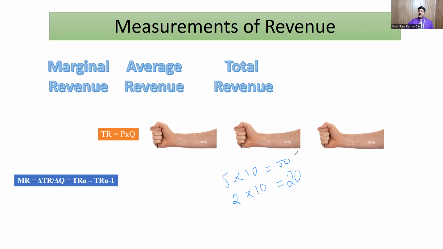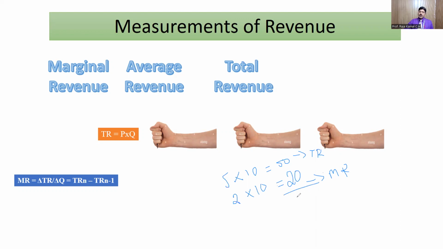This is the initial total revenue, which I have with me, and this is the marginal revenue, or additional revenue, that I have received.